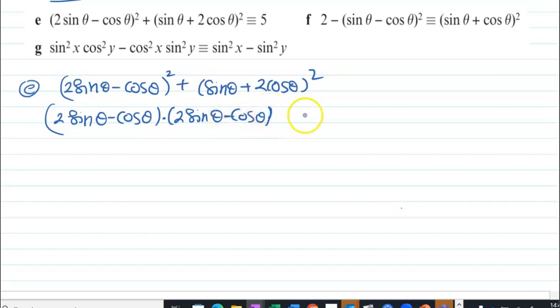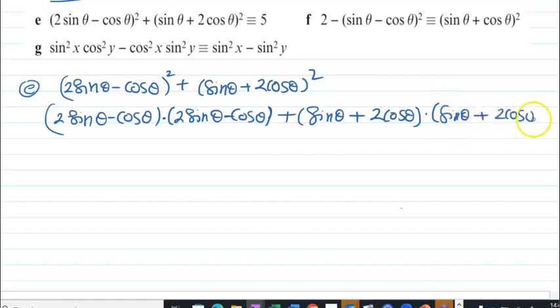There's a minus sign in between. And here also you are expanding sin theta plus 2 cos theta times sin theta plus 2 cos theta. Okay.